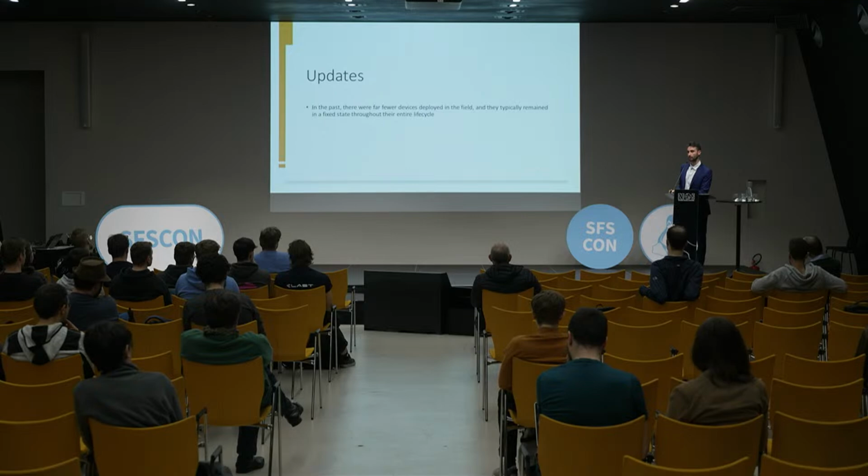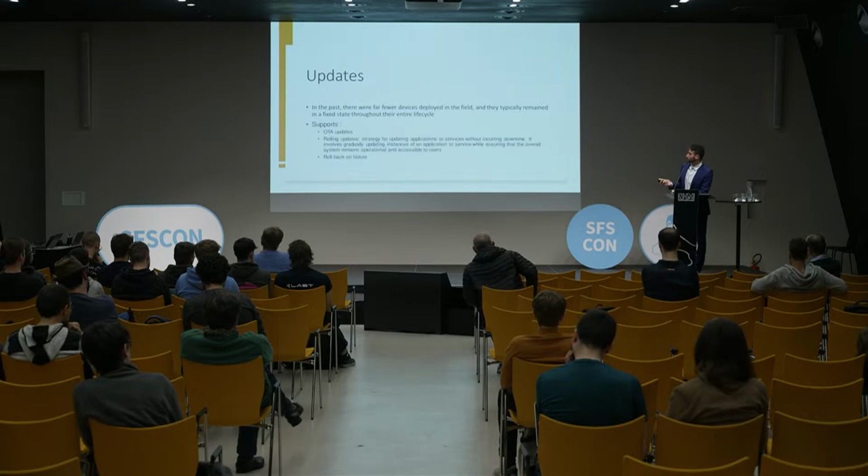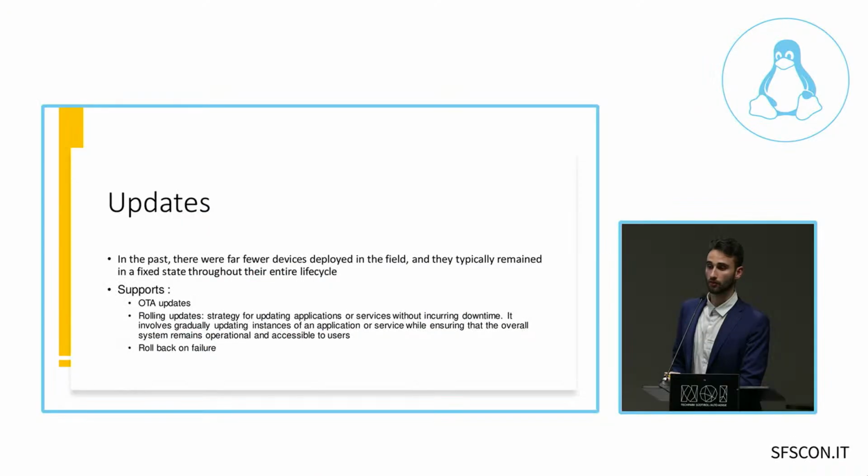So we must be sure that all the updates are correctly installed by each device, and even if some devices are offline for a long period of time and then reconnect, they must download the update and install it in the best way possible. Kubernetes for IoT can help solve this problem in three different ways.